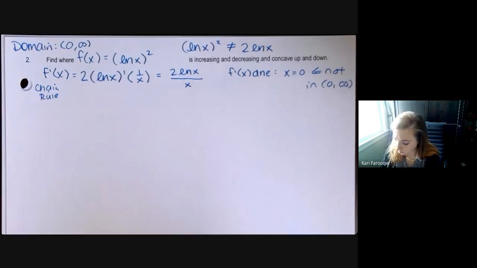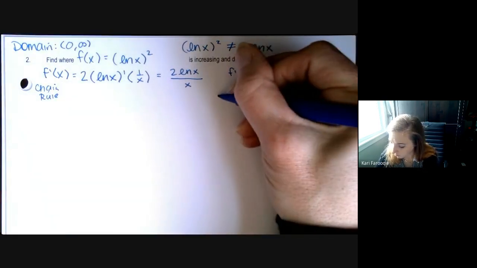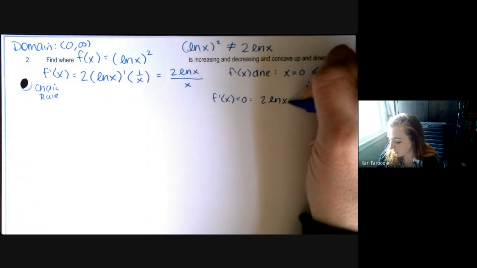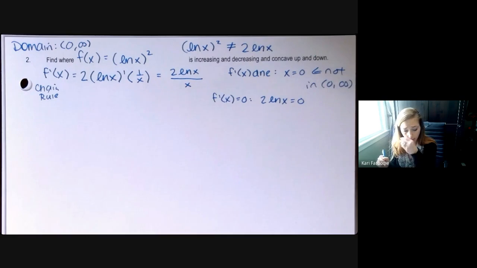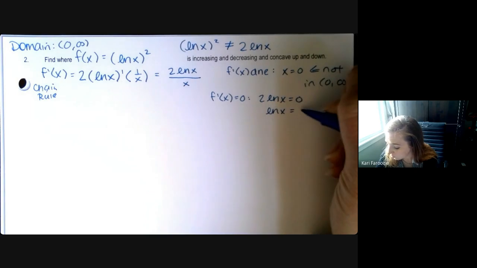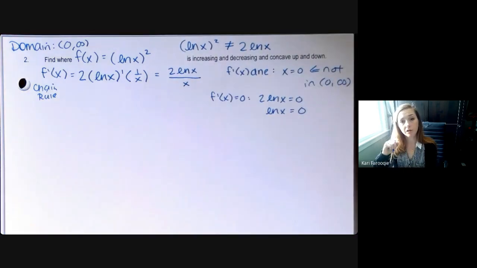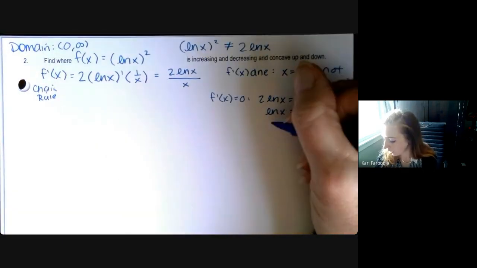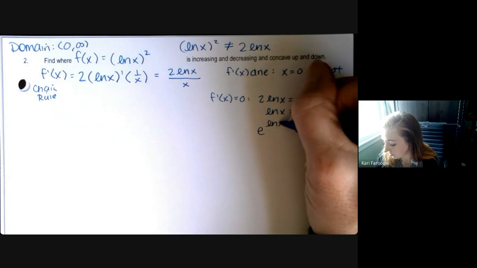The other thing we're going to do is look for places where f prime of x equals 0. And that's where twice the natural log of x equals 0. So in order to do this, we're going to divide both sides by 2. All right, ln x equals 0. And this is not the same situation that we had with the exponential function. With the exponential function, we said it can't be equal to 0. But that's not the case here. If I wanted to isolate this x, I could undo the natural log by making e the base on both sides.